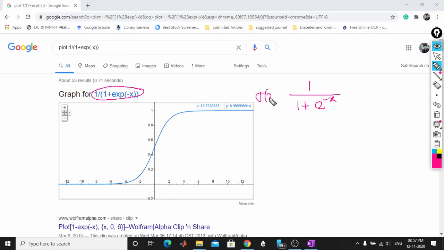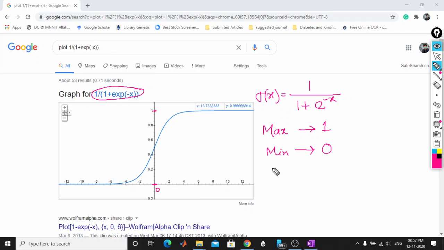If we call it sigma of x, what is the maximum value of this? This is the maximum value. And what is the minimum value of this? This is the minimum value, 0. So the maximum of this function is equal to 1 and the minimum is about 0.